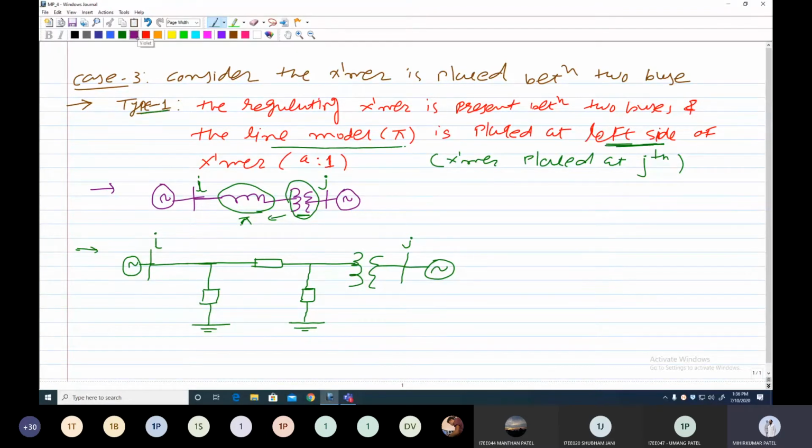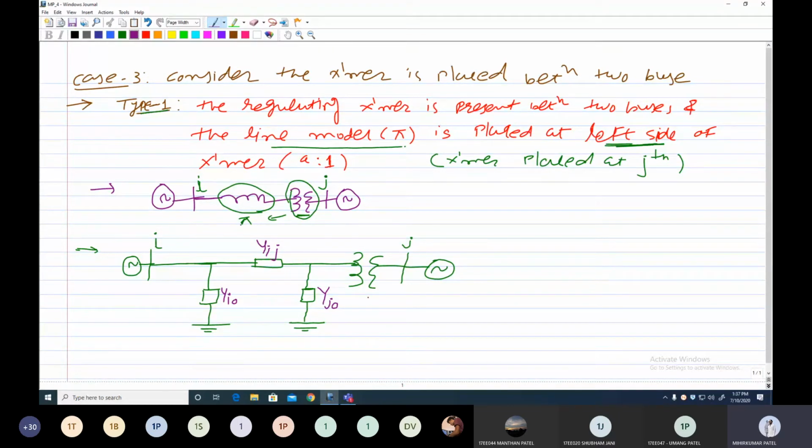Just write down all the values. Here the transfer admittance between bus number I and J is Yij. The shunt admittance offered by the ith bus is Yi0, and similarly the shunt admittance offered by the jth bus is Yj0.